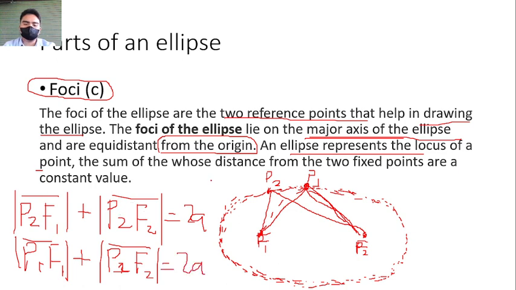So what it means, whatever the sum of the points, for example, this is the point 3, point 3 is also 2A.